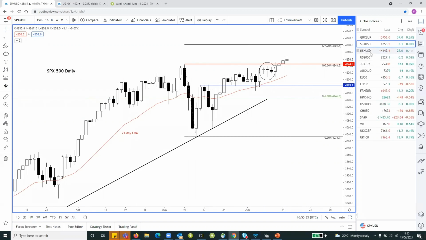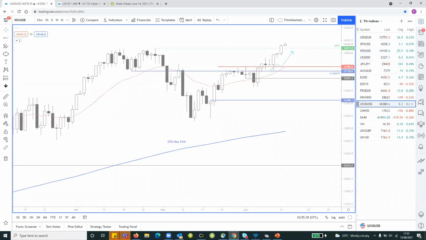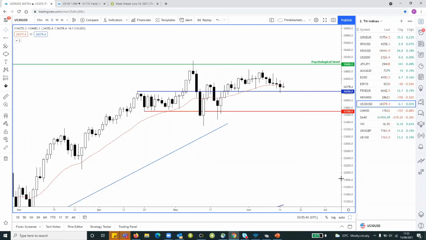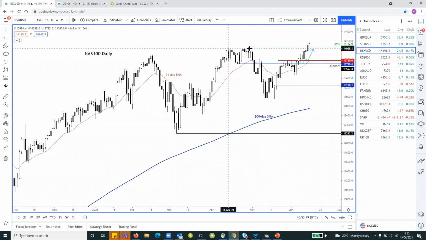So what do you make of the Dow underperforming? If you can show the Dow, where's the Dow? A bit lower. Yeah, there you go. Well, I don't know. I mean, technology stocks have outperformed in recent times, right? If you look, the Nasdaq has broken out. Most certainly, the lower the yields go, the higher the technology stocks go.